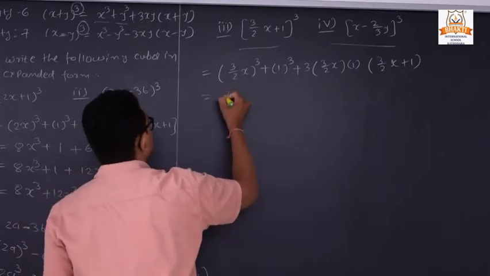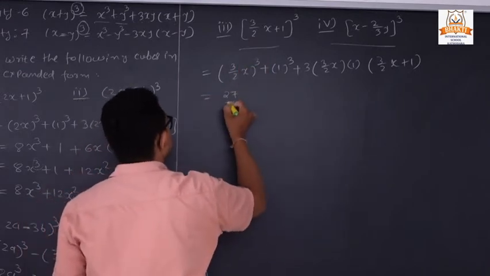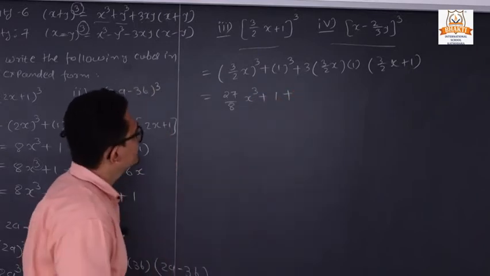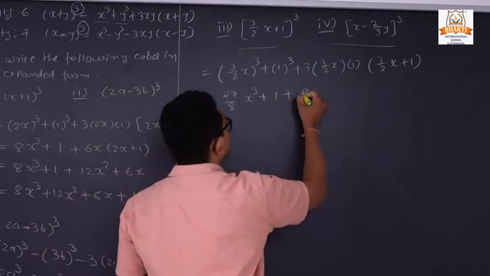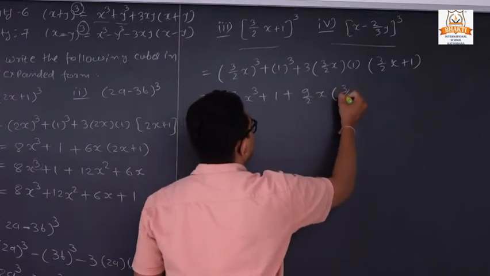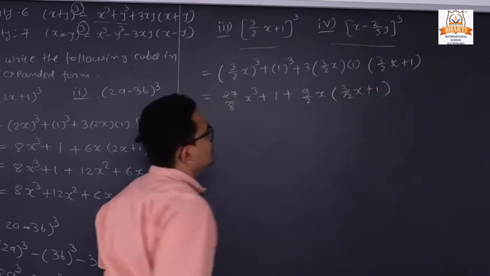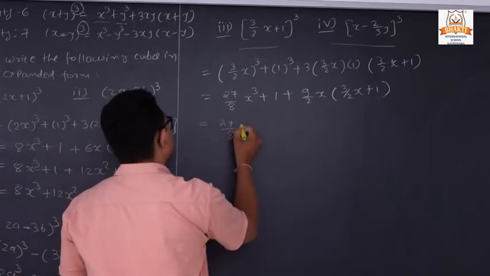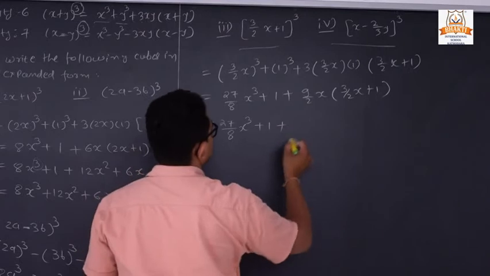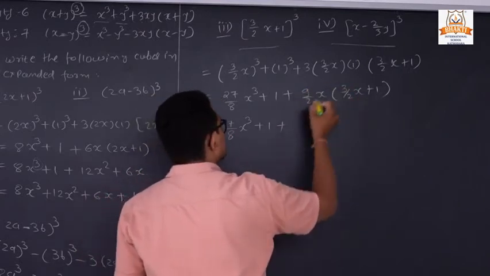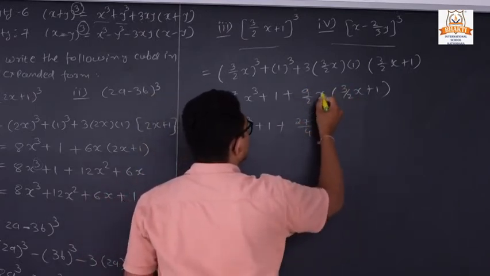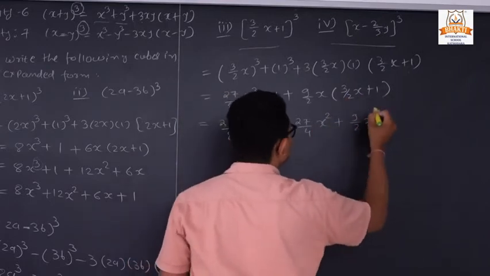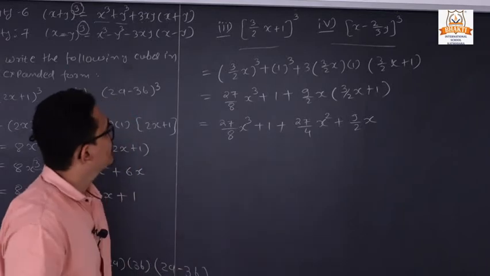So 3 cube 27, 2 cube 8, x cube, 1 cube is always 1, 3 3s are 9 by 2x in bracket 3 by 2x plus 1. Next, 27 by 8 x cube plus 1 plus 3, 9 3s are 27 by 4 x square plus 9 by 2x.